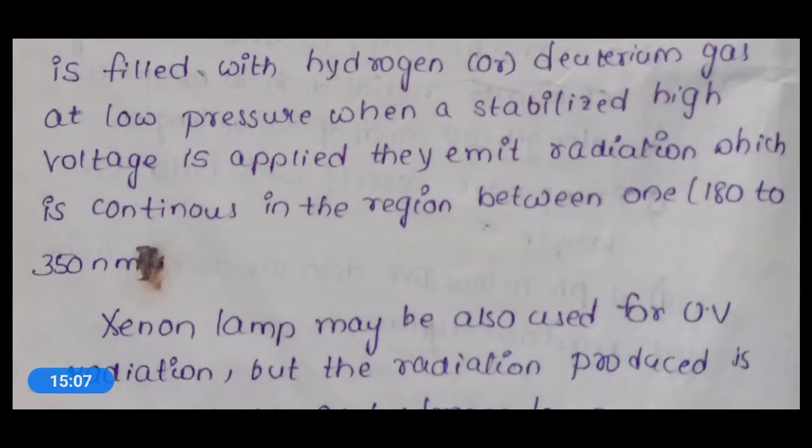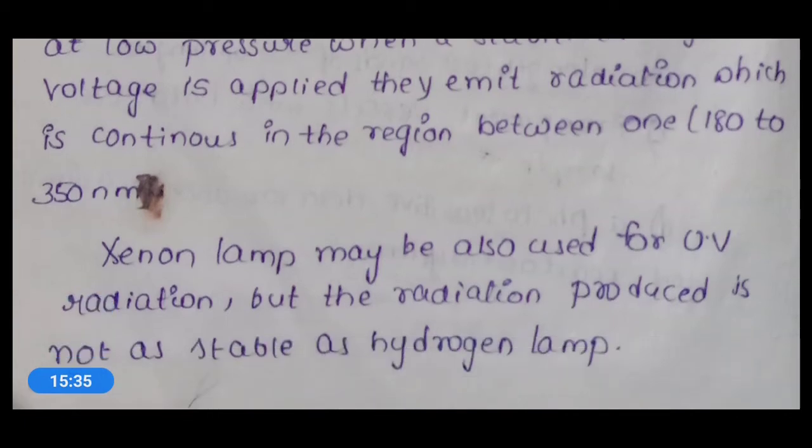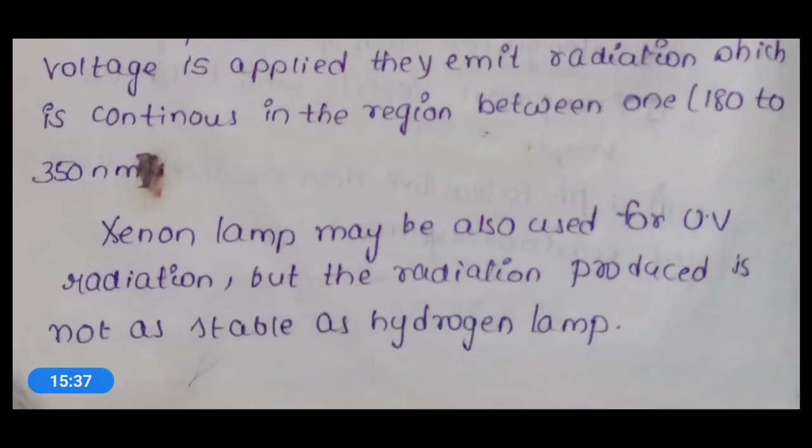If we are going to examine any sample in UV light, we should adjust the wavelength to between 180 to 350 nanometers. Between this wavelength only can we get the proper result.